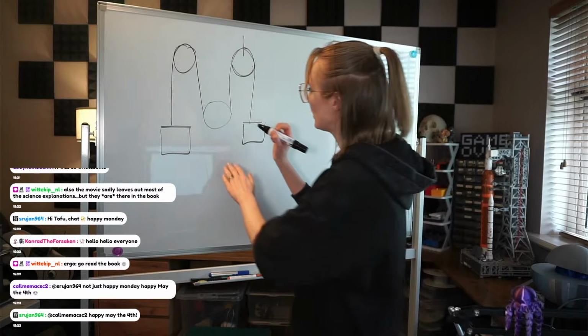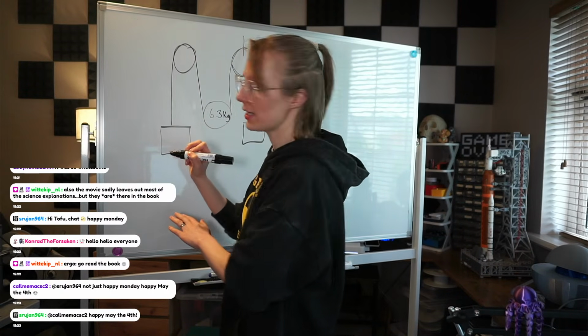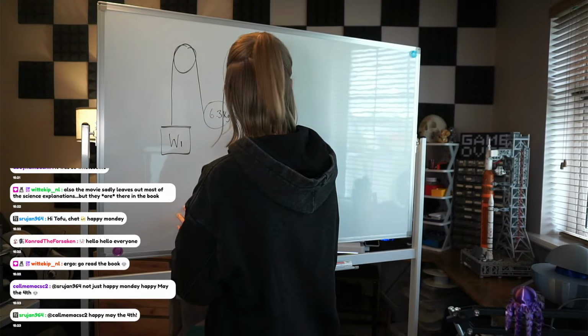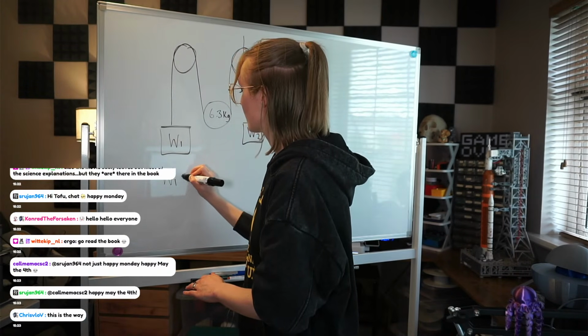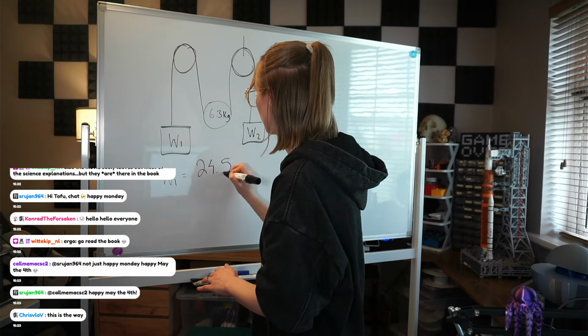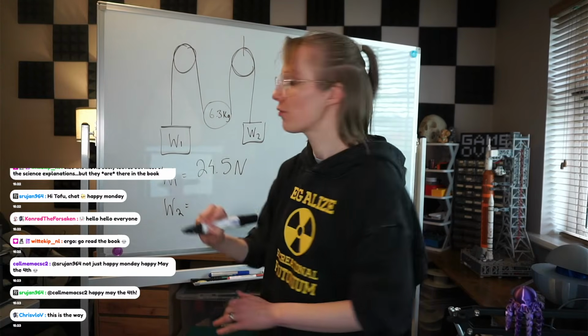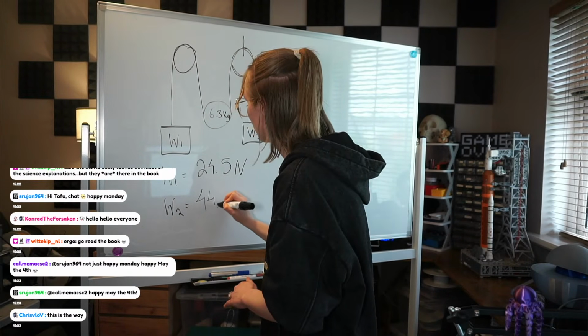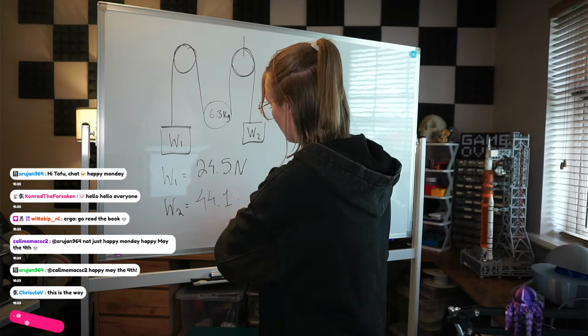So this guy is 6.3 kilograms. This guy has weight 1 and weight 2. Weight 1 is equal to 24.5 newtons, and weight 2 is equal to 44.1. The board is still a bit wet.